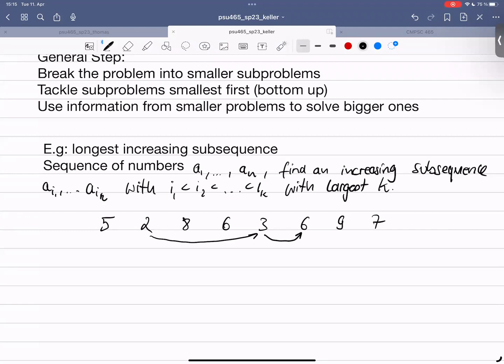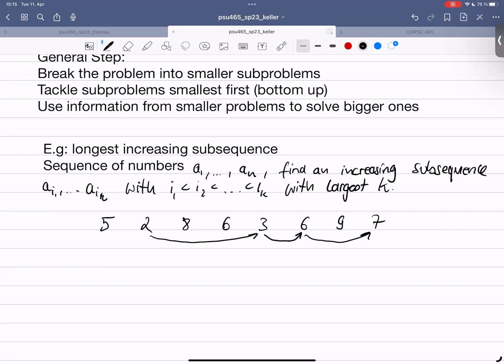And then from 6, we could go to 9, we have the choice really. If we go to 9, we can't go to 7, or we can directly go to 7. In terms of the length, it doesn't make a difference. But again, 7 is larger than 6, and it's to the right of 6, and that's why this is a valid subsequence. And as far as I can see, this is also the longest increasing subsequence. So in this particular example, the subsequence is simply 2, 3, 6, and 7.